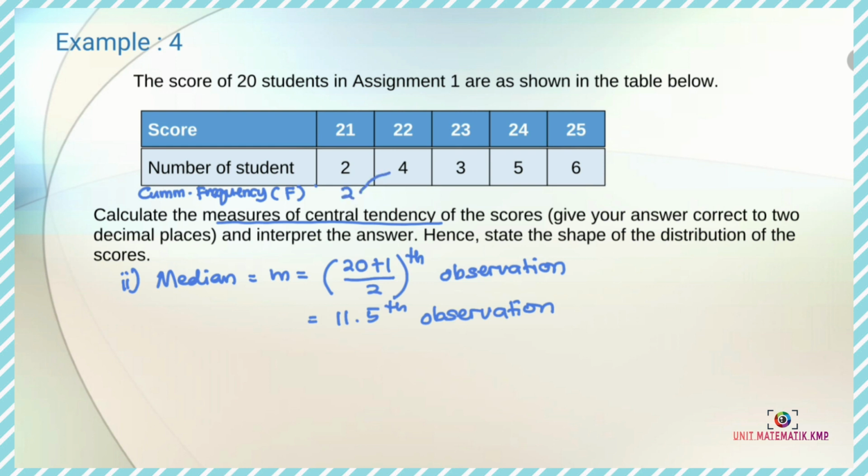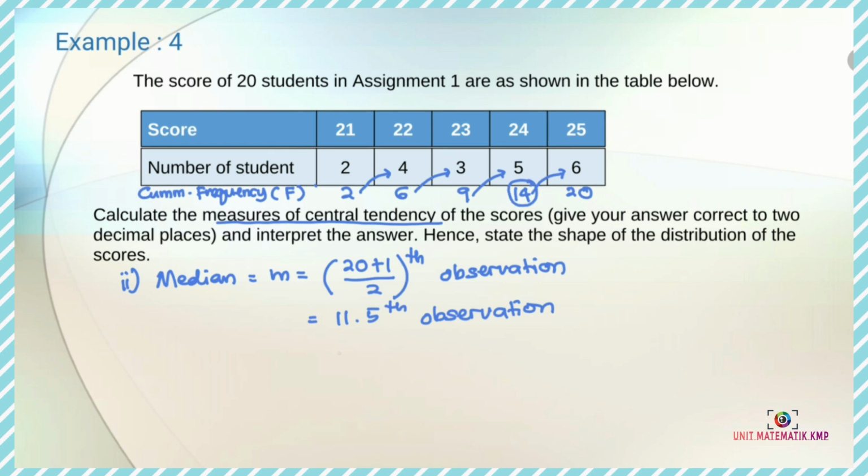Then 2 plus 4, we get 6. 6 plus 3, we get 9. 9 plus 5, we get 14. And then 14 plus 6, we get 20.